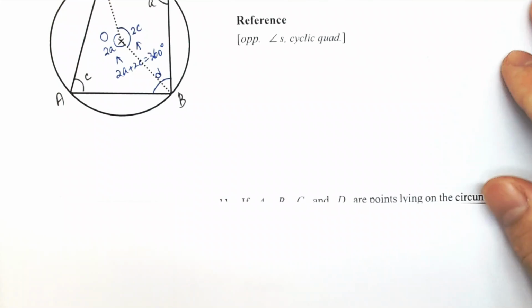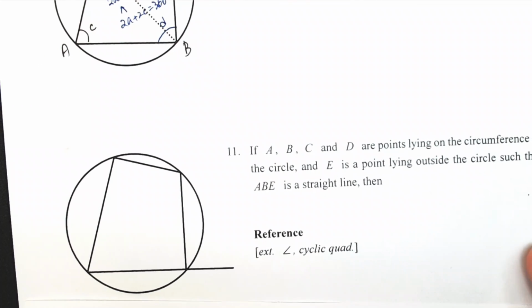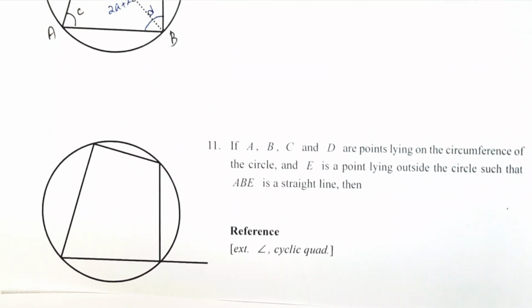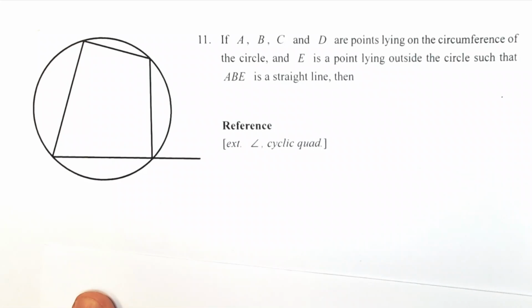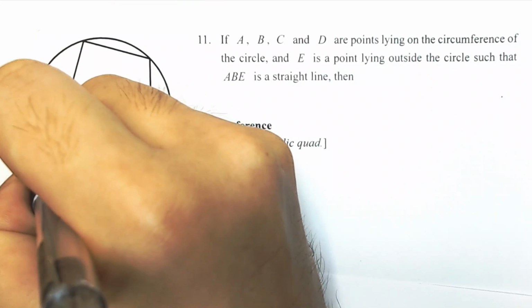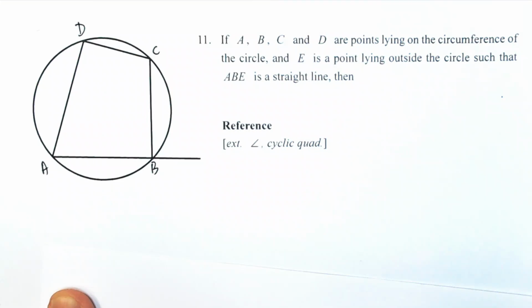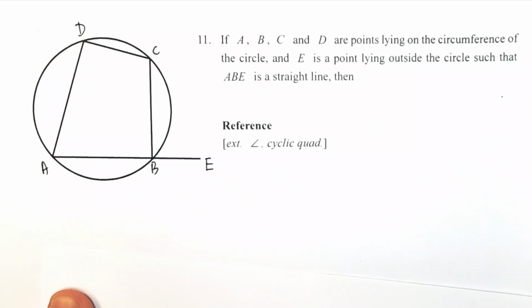Similarly, when we have opposite angles of a cyclic quadrilateral, we can also have something like this. When there are 4 points A, B, C, D lying on the circumference of a circle, and there is an outside point E, so that A, B, E is a straight line.